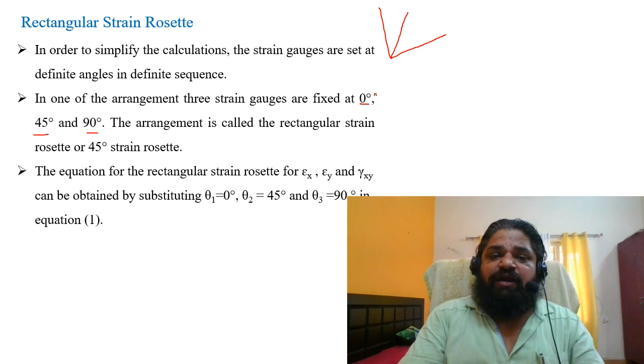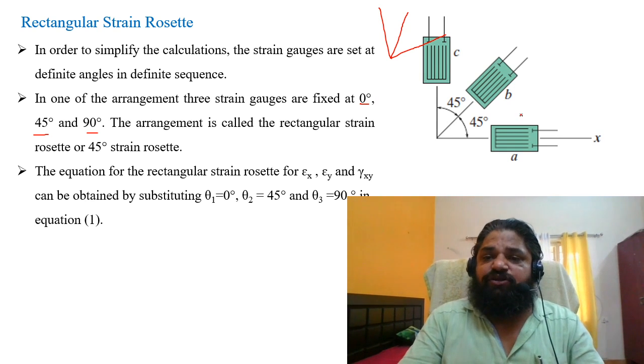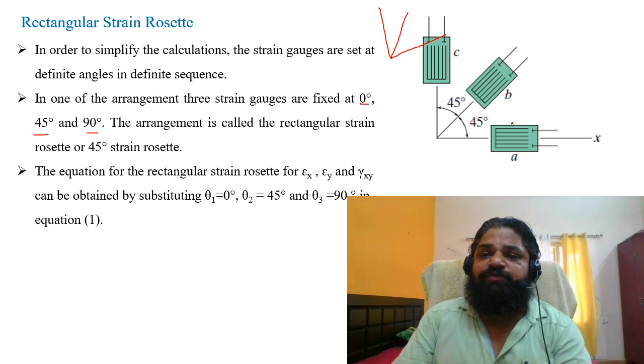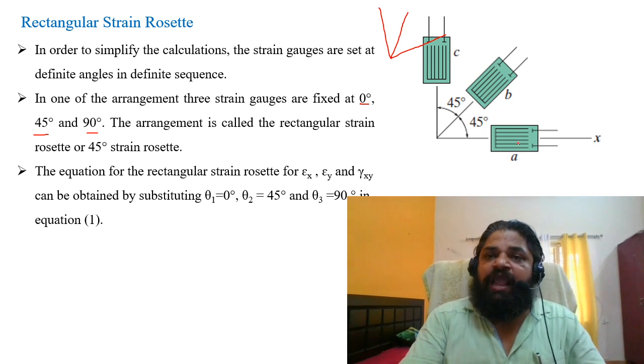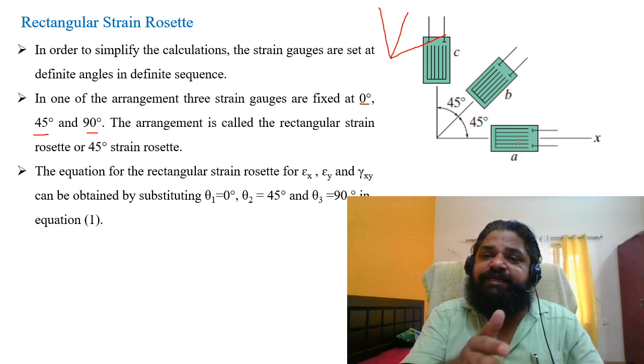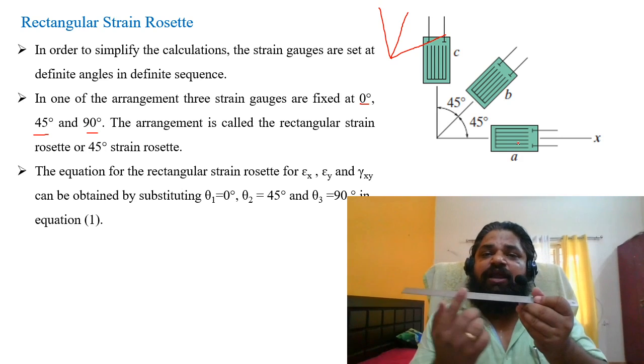And equation 1 will be converted: theta 1 is 0, theta 2 is 45 degree, theta 3 is 90 degree. Each strain gauge is at 45 degrees from the previous one, and the first one is at 0, along the same length.